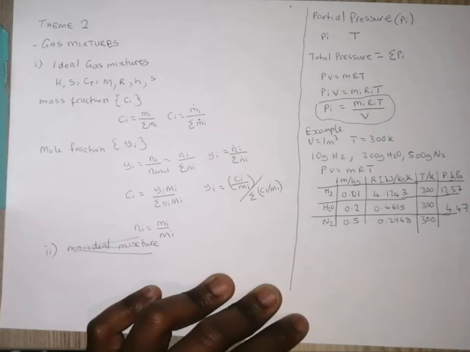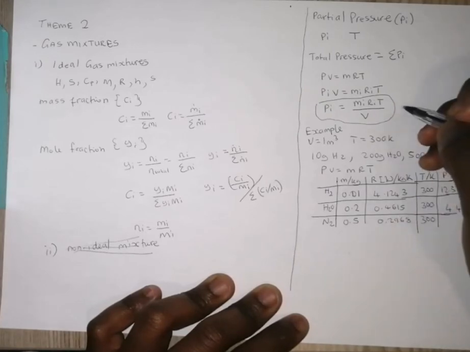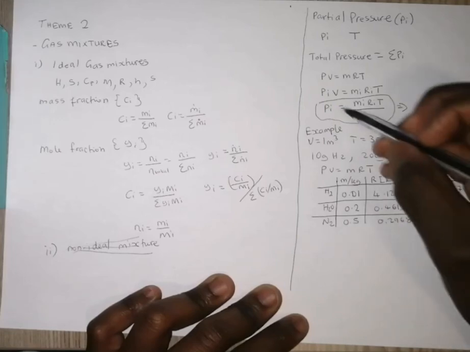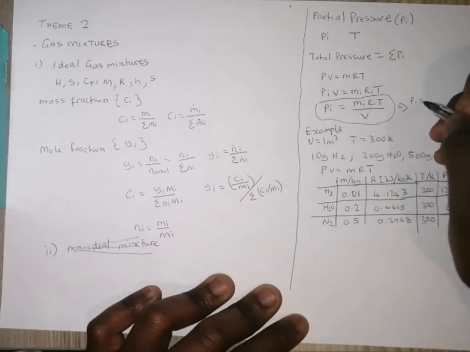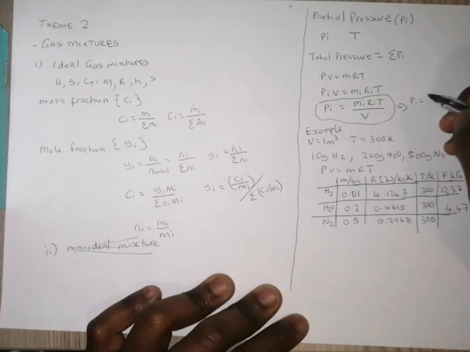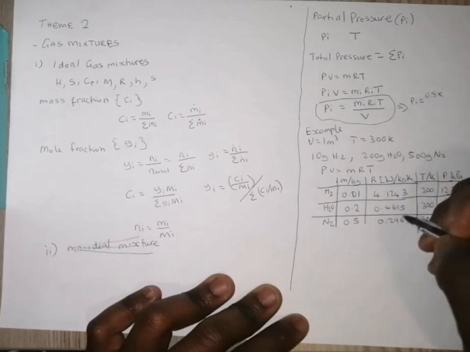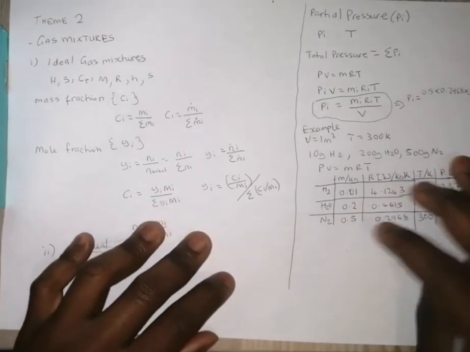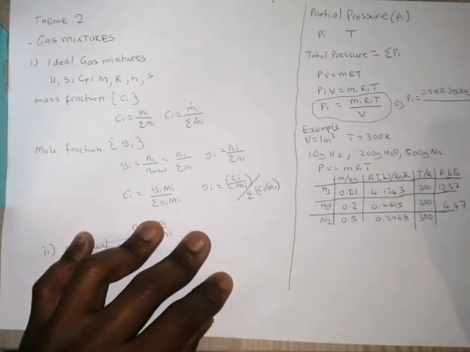Let's just calculate now for N2 so that you can see how this goes. For N2, we say Pi is equal to 0.5 times 0.2968 times 300, over V, which is 1.